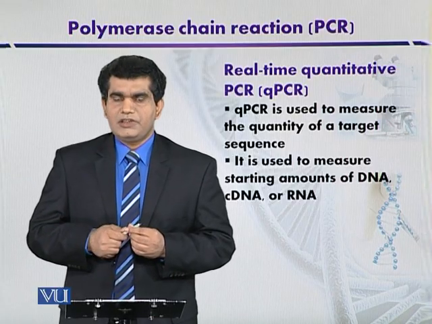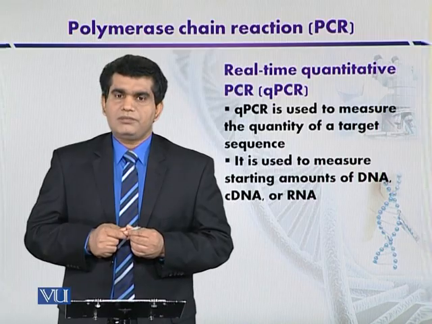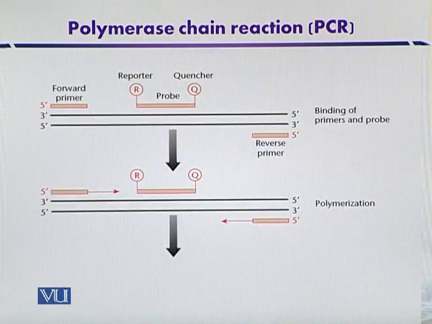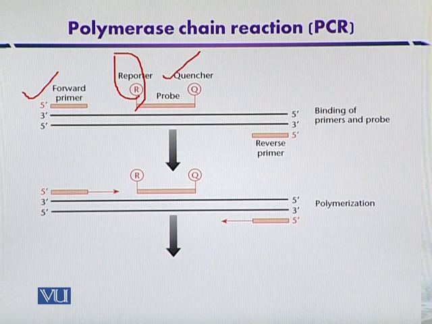So what is the basic mechanism in the case of quantitative PCR? Here in this diagram, you can see the primer at the 5' end or 3' end with the template DNA, and the probe is binding here. It has a reporter system at the 5' end and a quencher at the 3' end of the probe. Now, if polymerization is there, then what will happen?